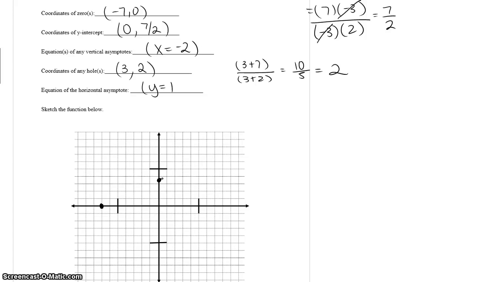And we have a vertical asymptote at negative 2. And we have a hole at 3, 2. And a horizontal asymptote at 1. So our graph is going to look something like this.